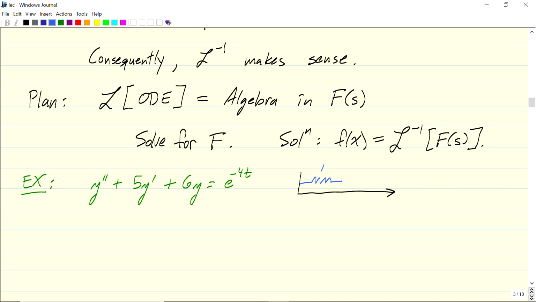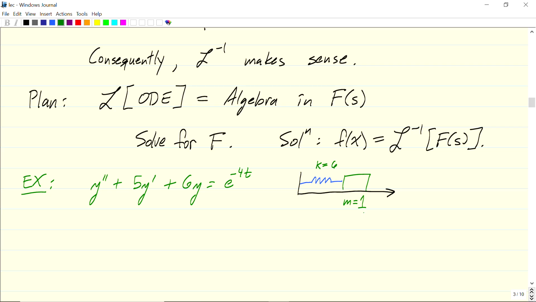So this would be a spring mass of k. No, the k wouldn't be 5. The k would be 6. The mass would be equal to 1.